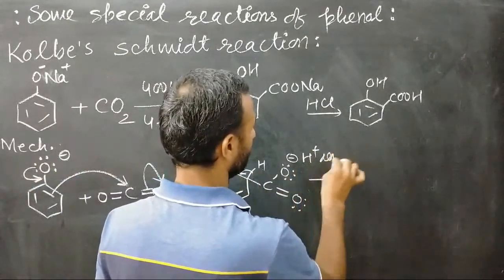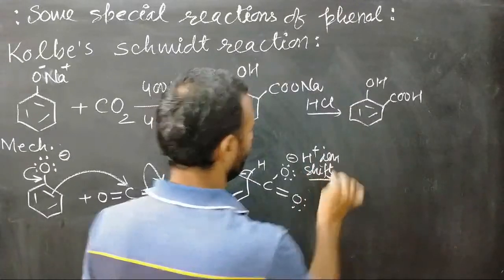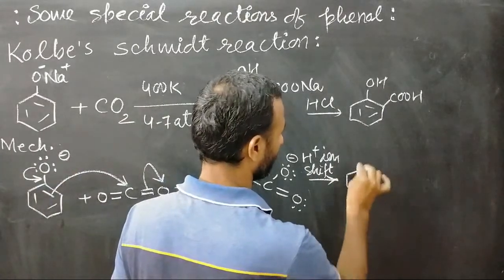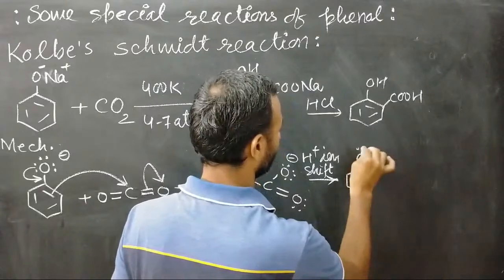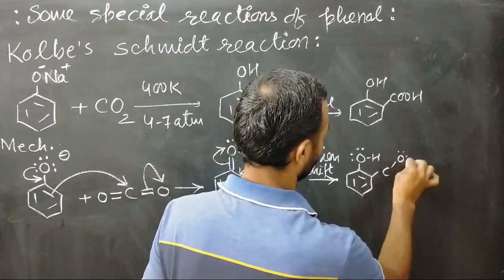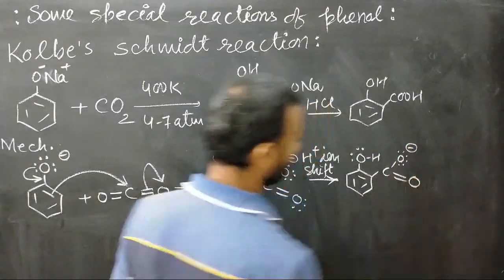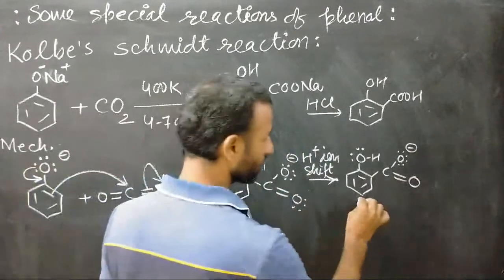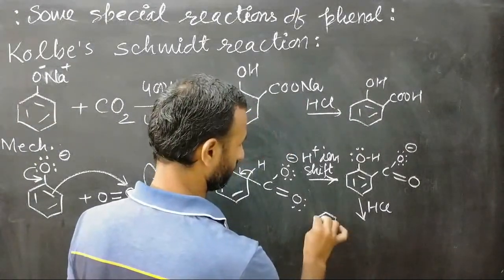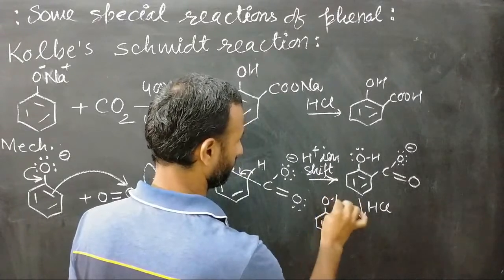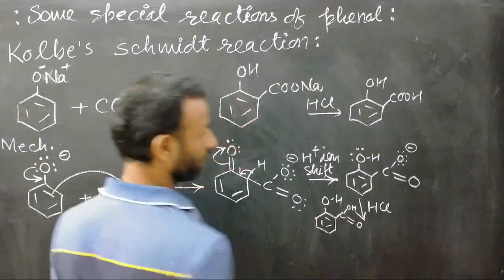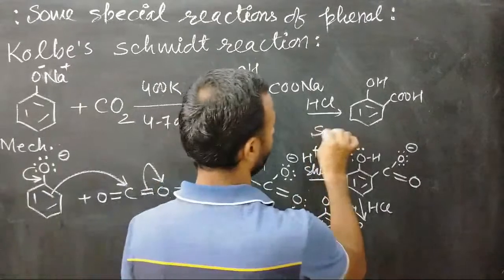And when this H plus ion shift takes place, we get this product. Okay? And on acidification, we get salicylic acid.